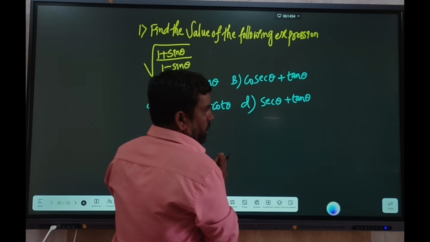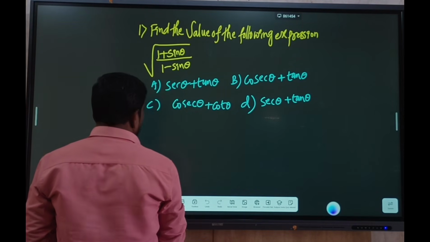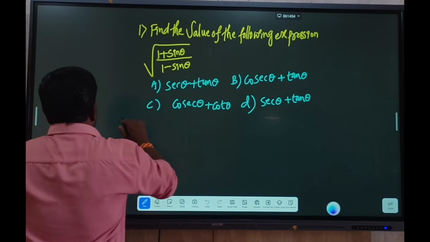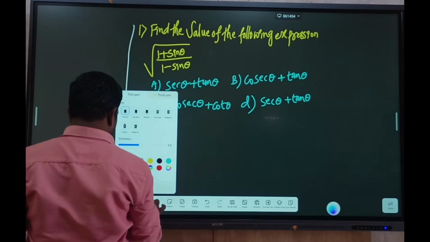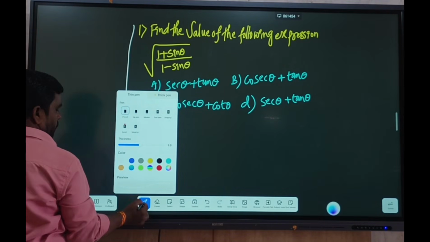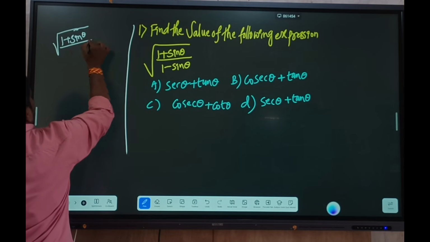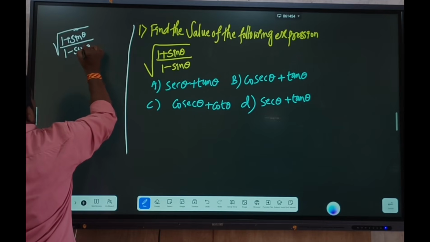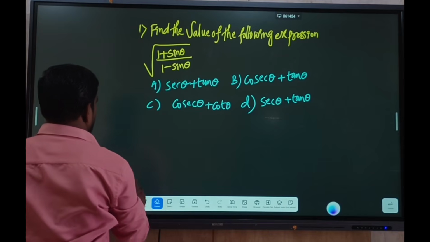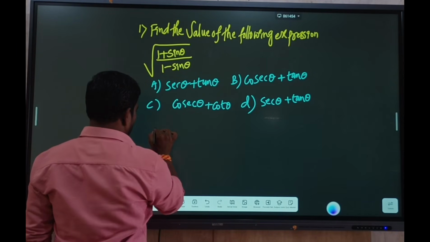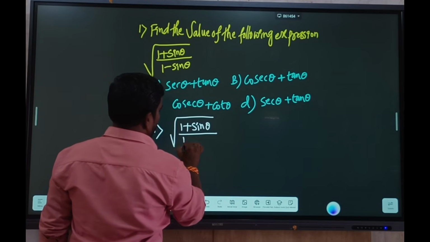So how to use the smart way or shortcut method? Listen. Here are the very important 4 formulas. Number 1: under root of (1 plus sin theta) by (1 minus sin theta).